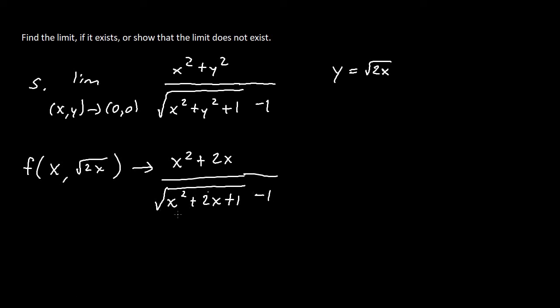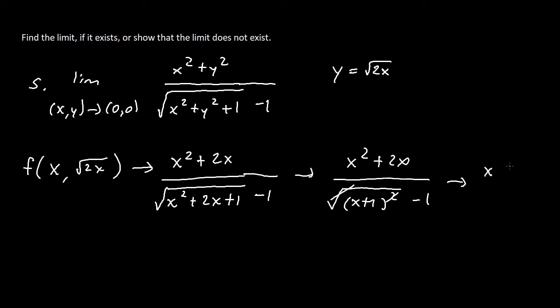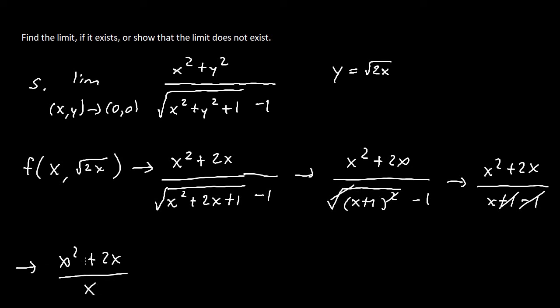Since x squared plus 2x plus 1 is a perfect square trinomial, I can rewrite it as x plus 1 squared. So the square root of x plus 1 squared will just get us x plus 1. So we have x squared plus 2x over x plus 1, minus 1. Obviously plus 1 and minus 1 will cancel. So we're left with x squared plus 2x over x. Notice I can take out an x from everywhere, and so we're left with x plus 2.